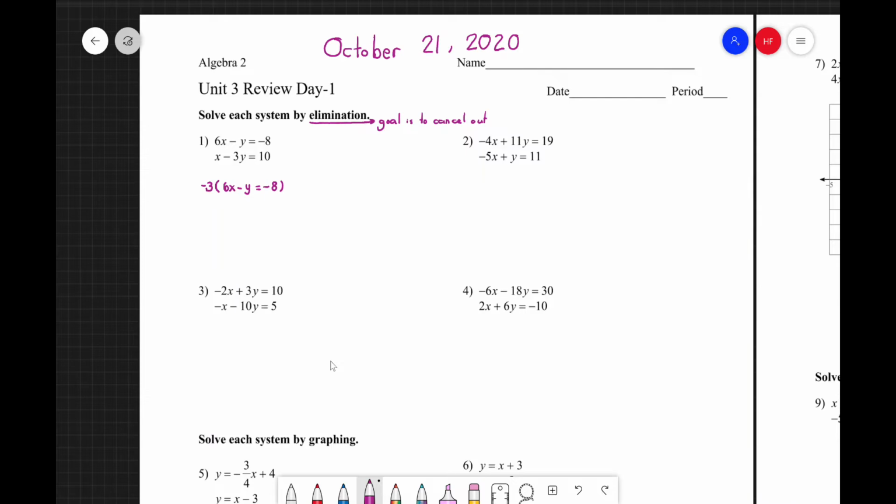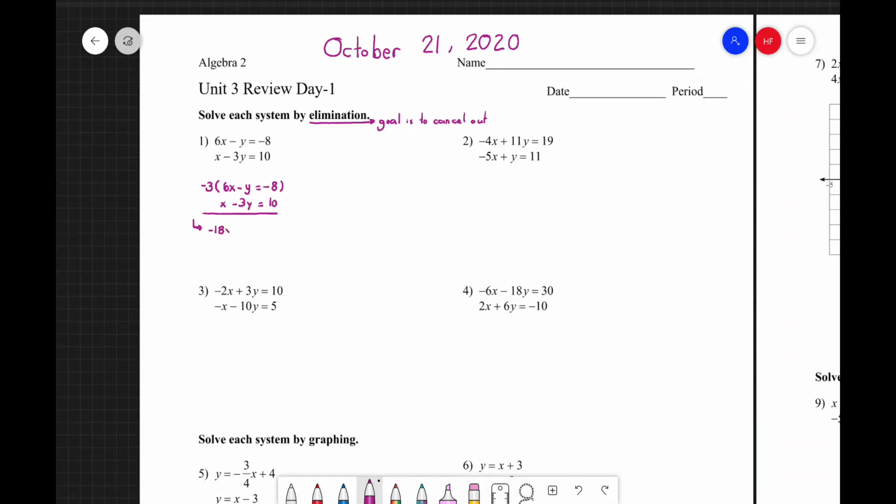And then I've got that x minus 3y equals 10. So I'm going to rewrite it. That way I can do the elimination right after, where it's all in one condensed form.